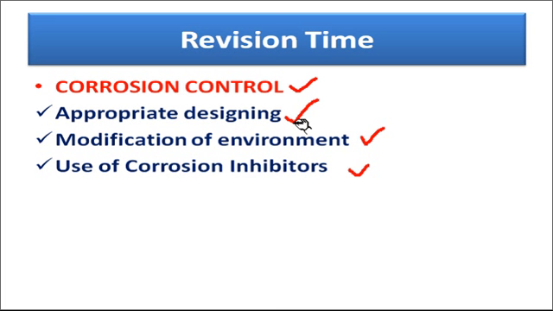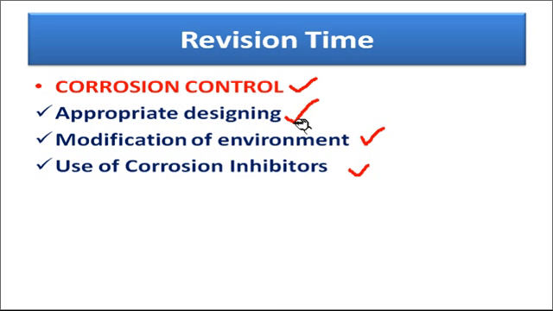If a single metal is selected, then it should be in the purest condition. Next, proper air circulation should be there around the metallic structure, and welded joints are always preferred rather than using bolts.